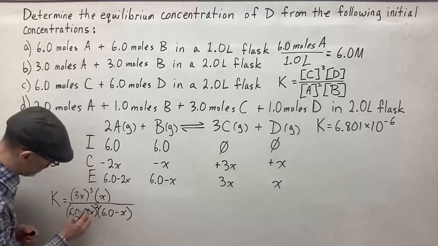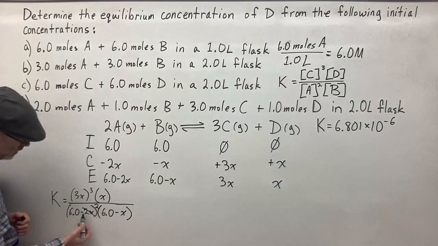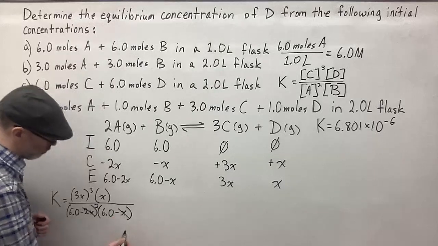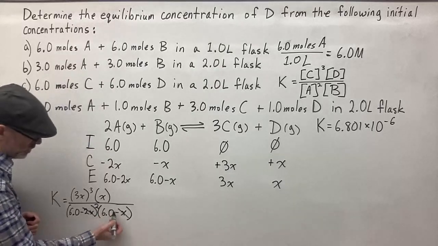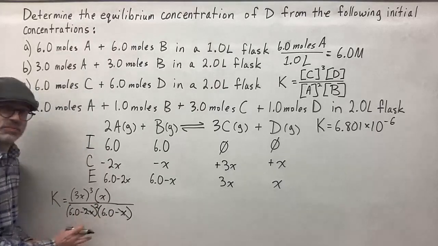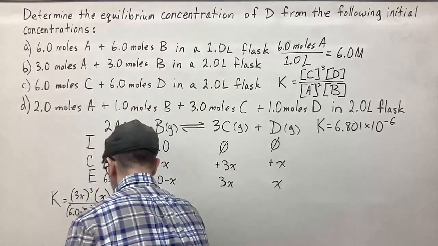So we can get rid of the 2x here, because subtracting 2x is not really going to have an effect on 6.0. We can get rid of the x, because subtracting x here is not going to have much of an effect on 6.0. And so now it's become simplified so that we can solve this pretty easily.